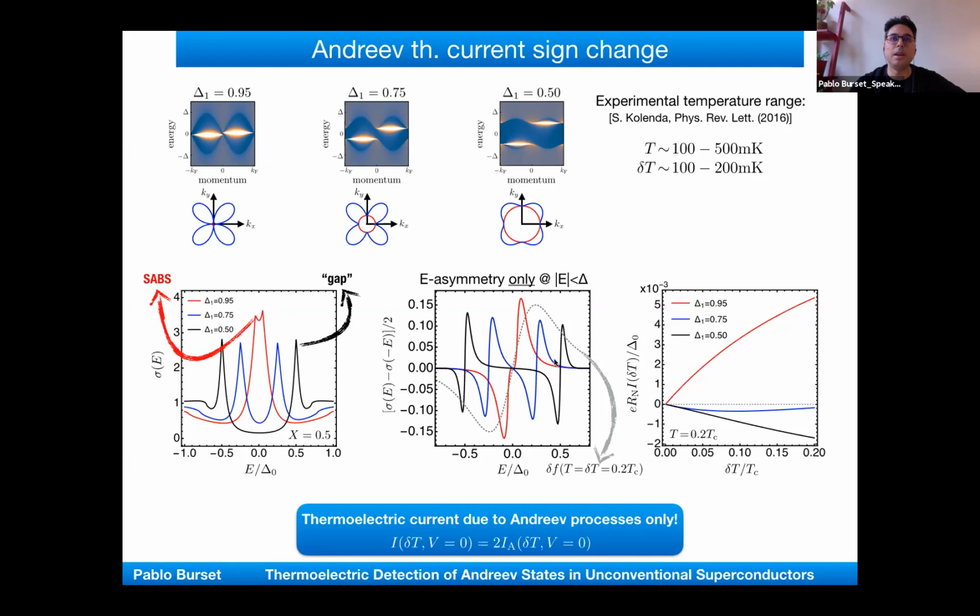When these bound states are well separated in energy, the big contribution to the current, which is the product of this antisymmetric part and the difference in Fermi distributions, represented here as this gray dotted line, comes from values of energy, let's say from 0 up to the resonant value.